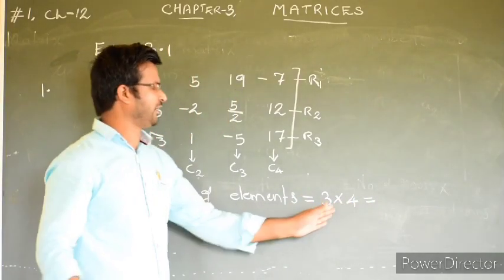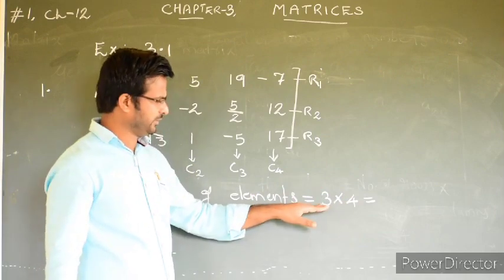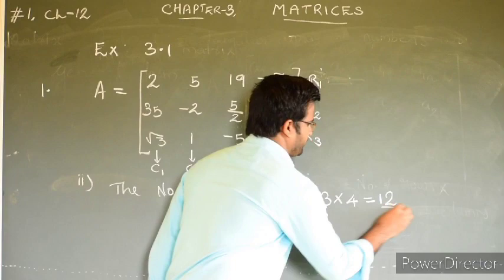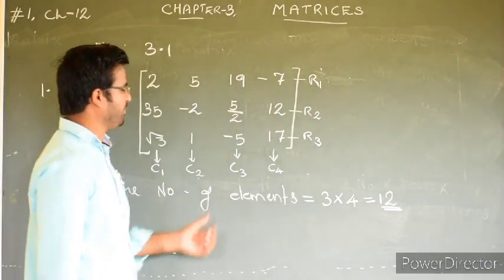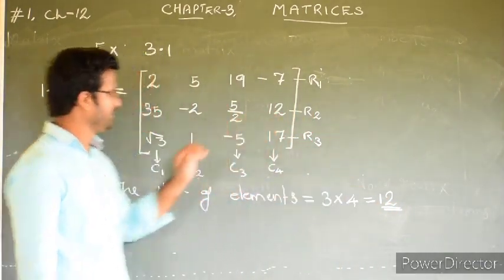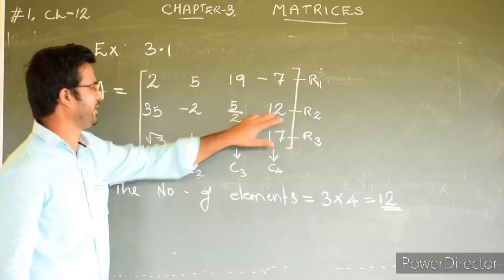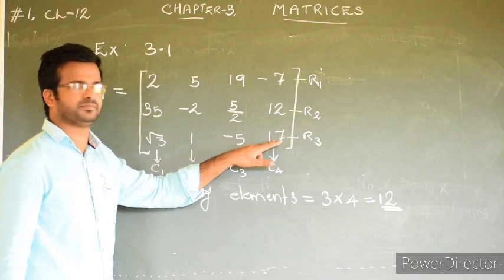Then just multiply 3 into 4. 3 into 4 is 12. This is the number of elements in this matrix. We can count 1, 2, 3, up to 12. Same.